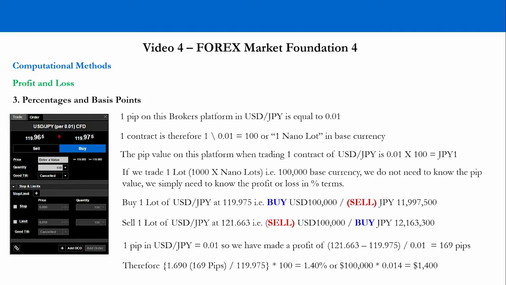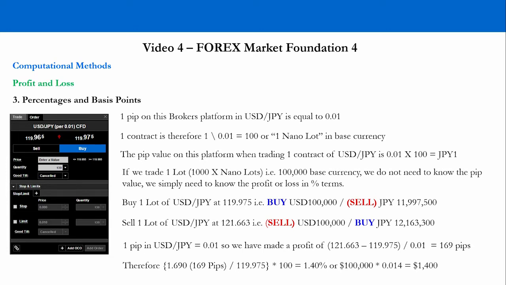And in quote currency, 1 pip is equivalent to the value of 1 Japanese yen. And if we trade 1,000 nanolots, so we're trading one lot, if we trade this size, it actually doesn't matter.